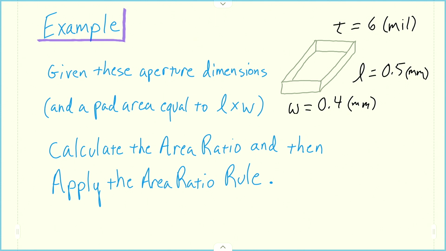Here's an example. Given the aperture dimensions of T equal to 6 mil, L equal to 0.5 millimeters, and W equal to 0.4 millimeters, and a printed pad area equal to L times W, we want to calculate the area ratio and then apply the area ratio rule.